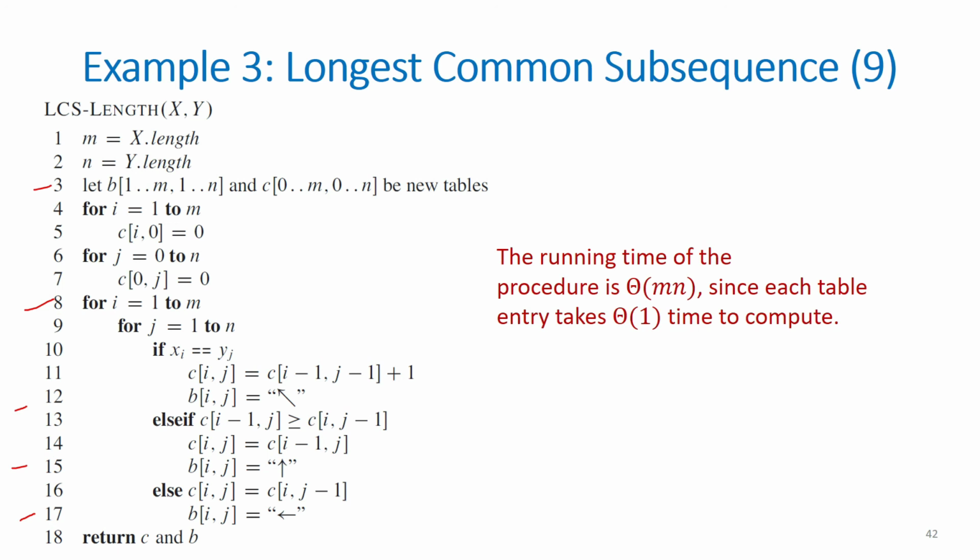Because of the definition of prefix, the LCS problem would have only m times n distinct subproblems, which contributes to the running time of the LCS-LENGTH procedure, as we see over here. Filling up the tables takes constant time and is therefore negligible.